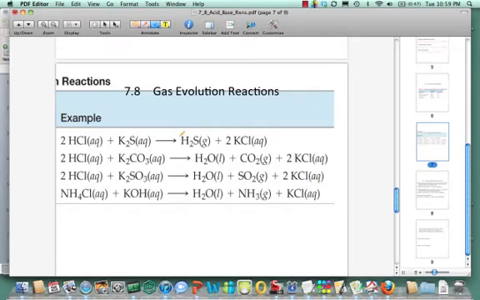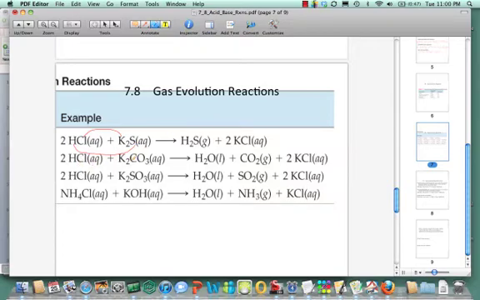Right, so if we have hydrochloric acid and potassium sulfide, when we switch the partners, we get potassium with chlorine and hydrogen with sulfide. And hydrogen sulfide is a gas.